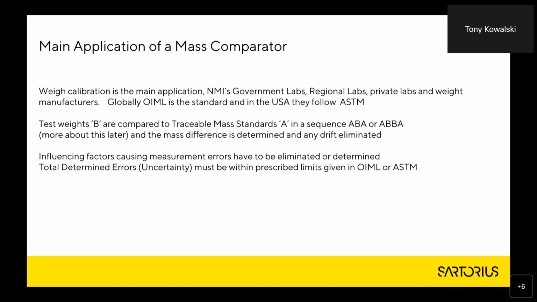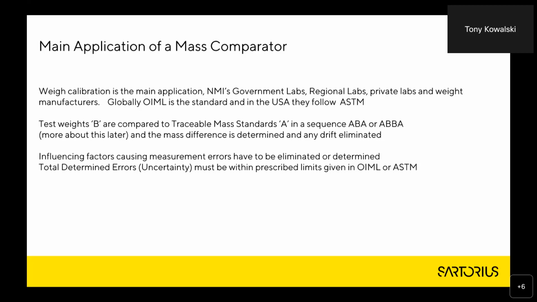I've visited several of the regional laboratories. Then also we have some private mass labs that are working maybe not just with mass, but maybe temperature and volume. And of course, if there are any weight manufacturers, they also need the mass comparators to be able to test the weights when they're first manufactured, and again when they're adjusted.